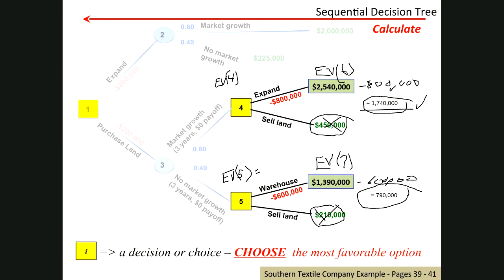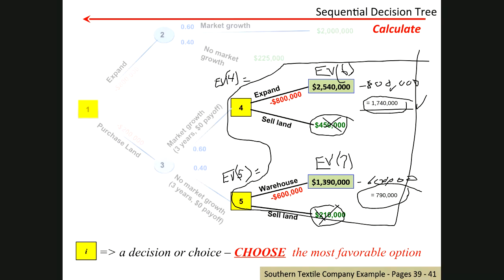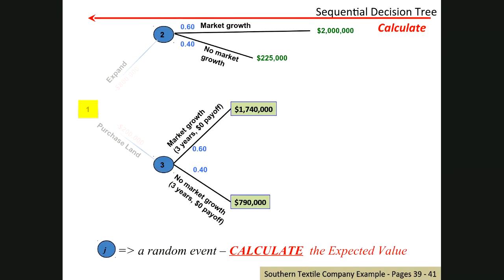And then again, now that we've done this, we can ignore this part of the tree and only consider the next part of the tree. So we've made our decisions. The expected value is 1.74 million in this case. It's 790,000 in this case. And the next step that we face moving to the left is we're going to reach a random event.